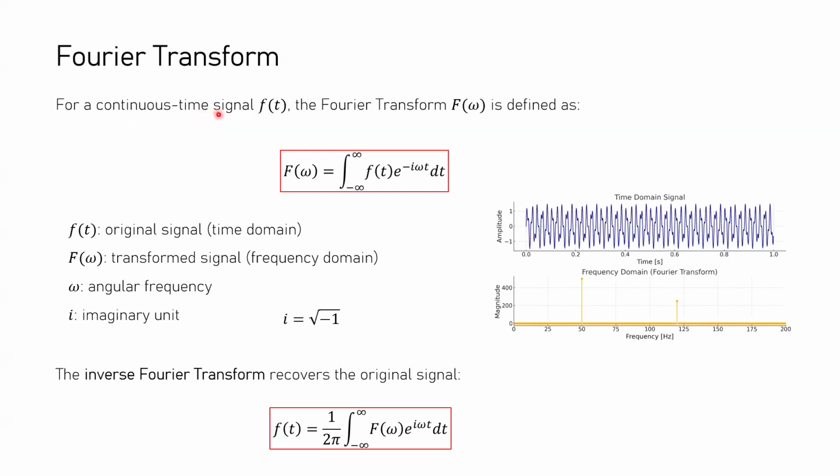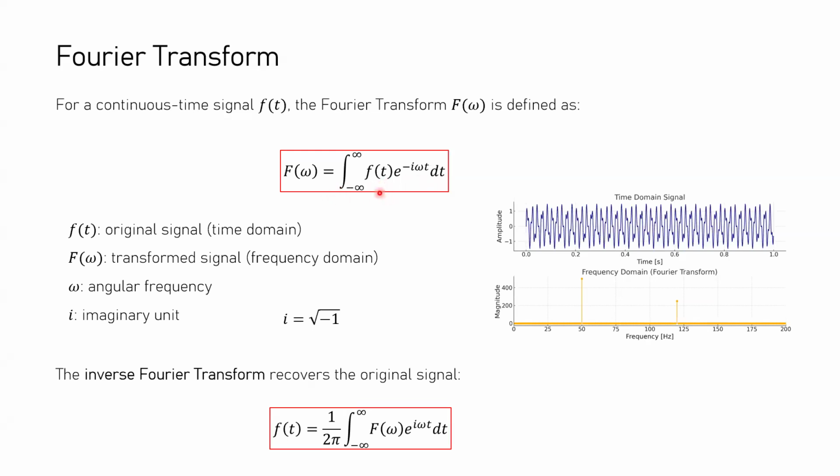For a continuous time signal f of t, the Fourier transform that is denoted by capital F of omega is defined as capital F of omega is equal to integration of f of t times exponential of minus i omega t with respect to dt.